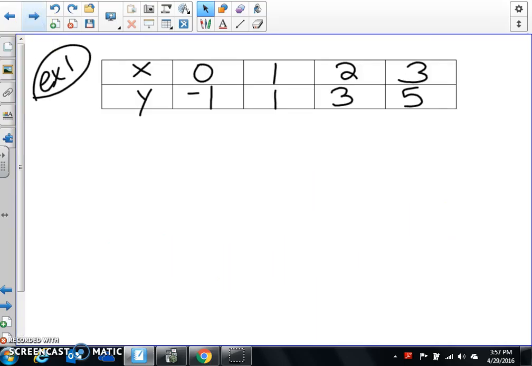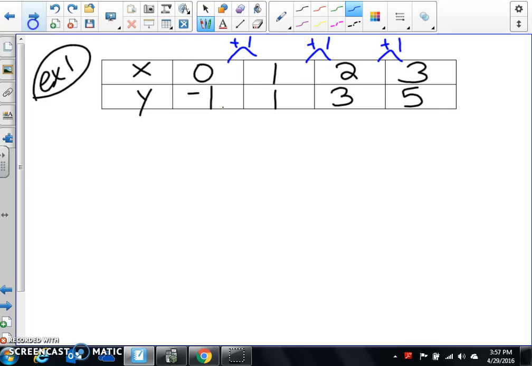All right, so I look over here, and the first thing I really should be looking at is to see if I can find the slope. So what I do is I find a pattern. So up here I'm adding 1. Over here I'm adding 2.